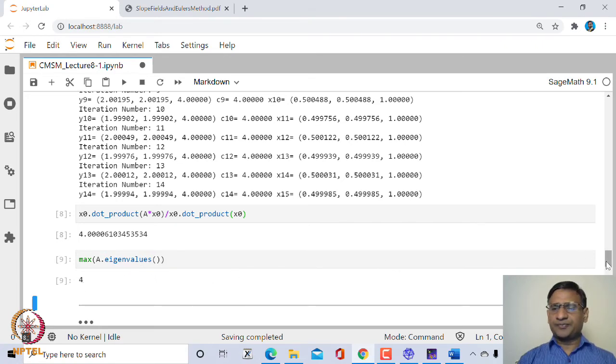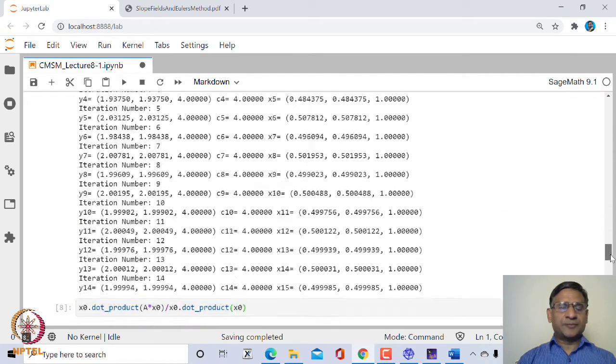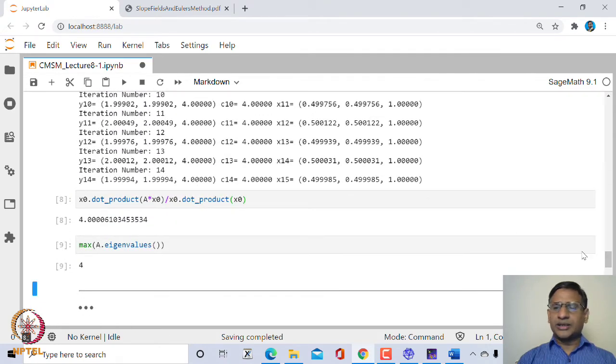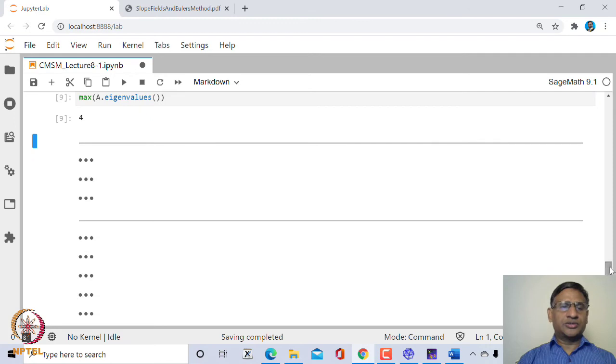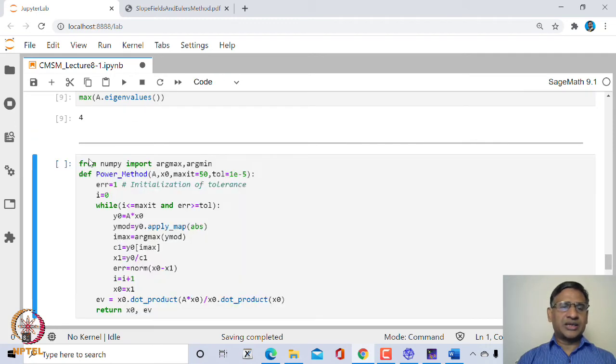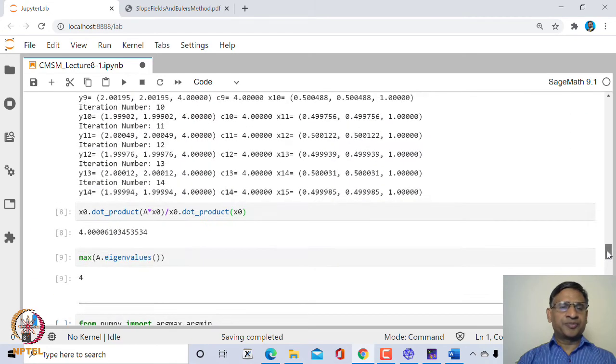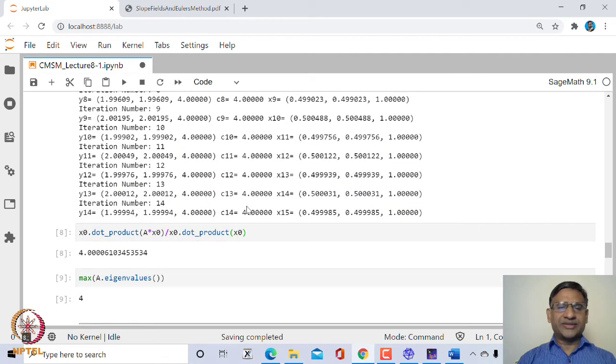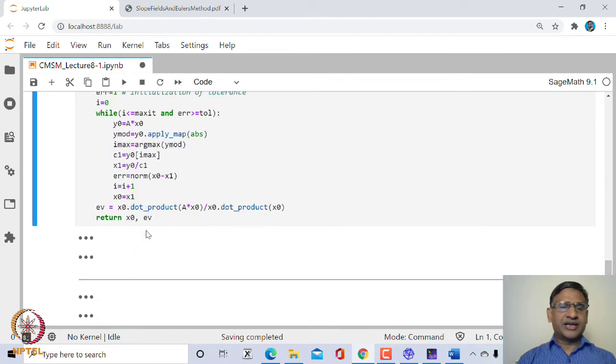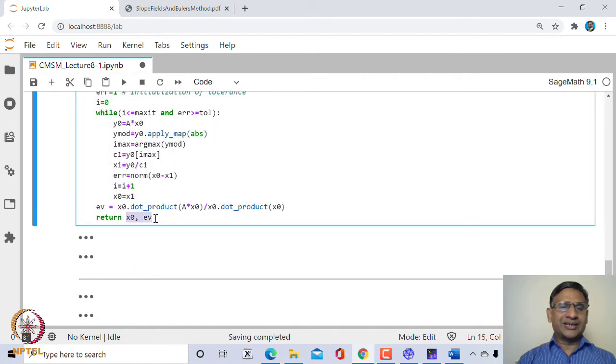So, this is another example, but if you want, you can make a user defined function for this power method. So, how do we do that? Everything remains the same, except that instead of printing the values of y k and c k and x k, we are just returning at the end the value of x naught and the eigenvalue which is computed using the Rayleigh quotient.